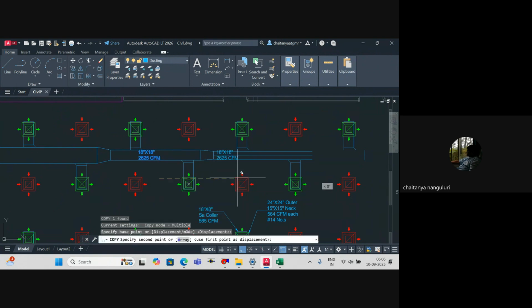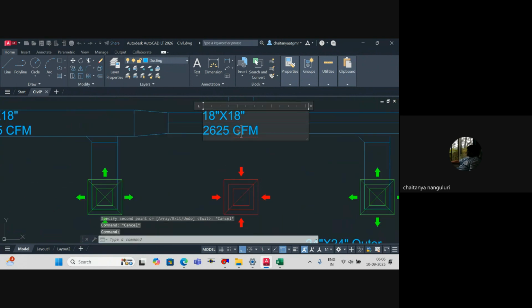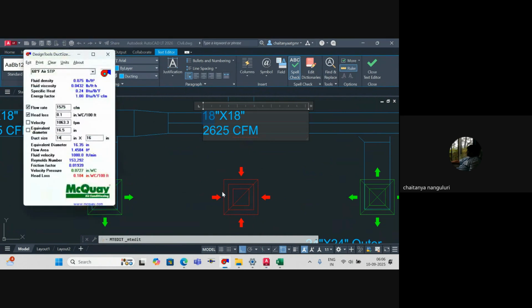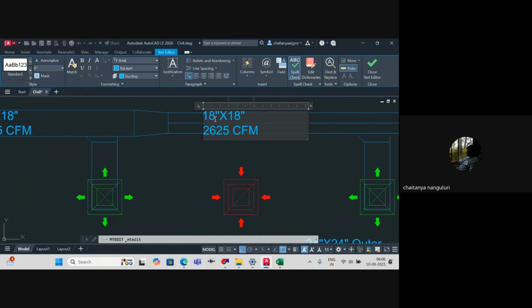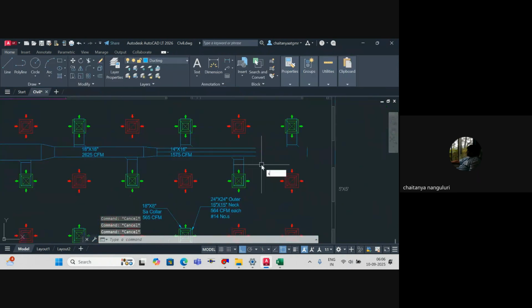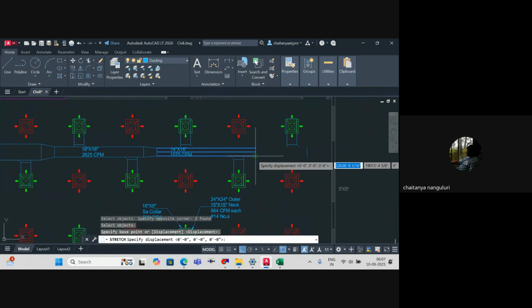So this will directly give me this value. Yeah, 14 inches by 16 inches. Flow rate is 1575 CFM. So this will go till this point.